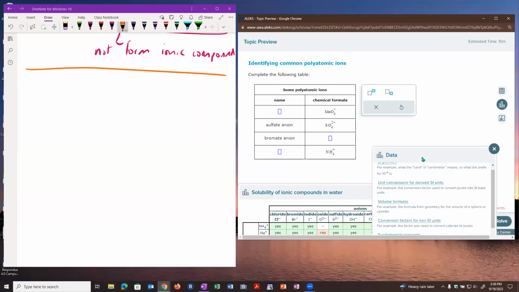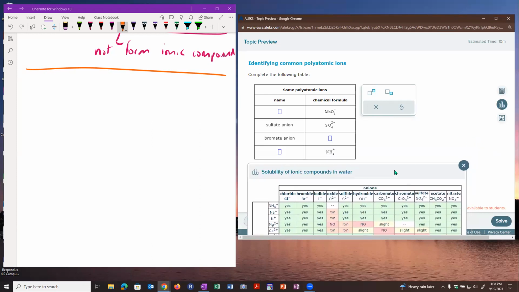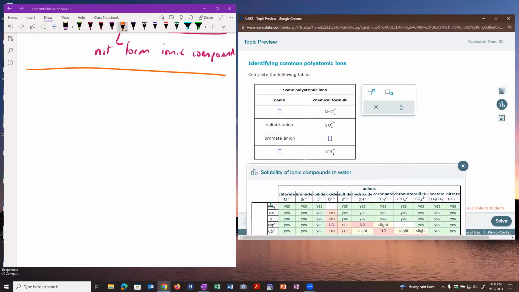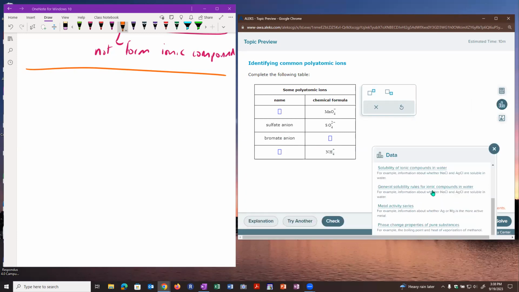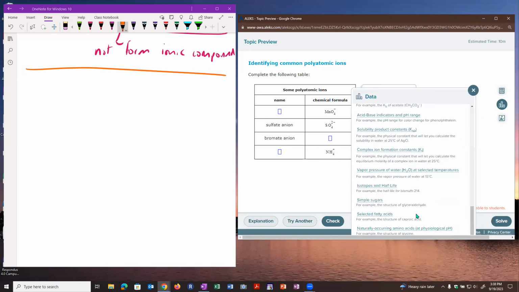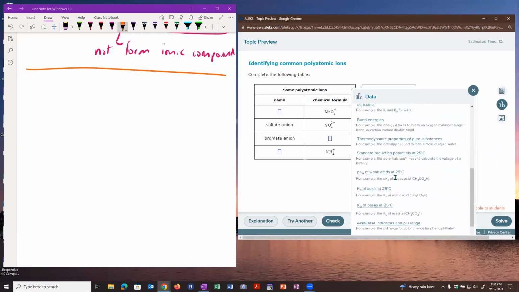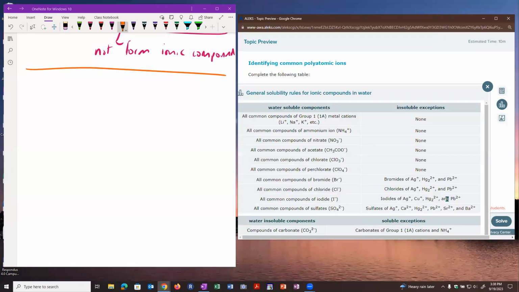Some of the other ones are located here as well. We have sulfate, bromate, and so on. Some of them are not on here, which is okay because you can find the other ones in their general solubility rules.